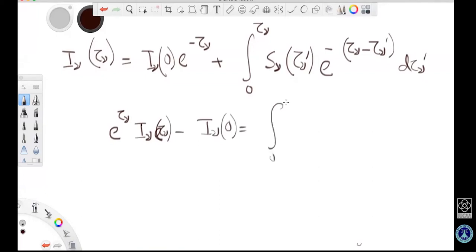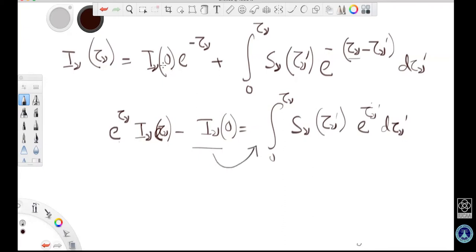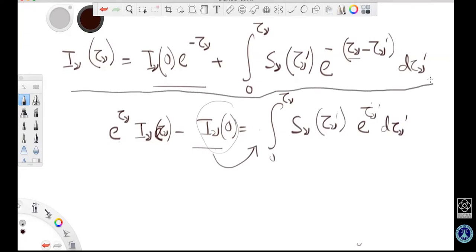So what I've done, basically, I have divided the whole thing by e to the power tau nu, which is why you get this term here. And I have taken this term to this side. So I have done two things: I've just taken this term to this side and divided the whole thing by e to the power tau nu, which will give me this. And this is my formal solution to the radiation transfer equation.